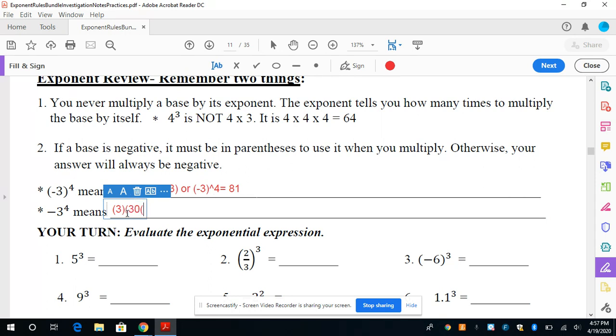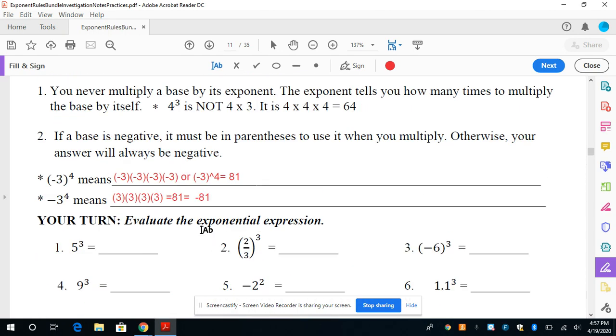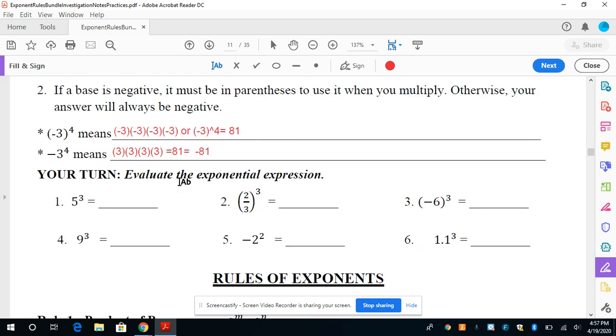So you're multiplying 3 4 times, which gets us 81, but then you're actually putting the negative after. So these two are very different. Make sure when you do those practice problems that you see the difference between if it has parentheses or if it doesn't.